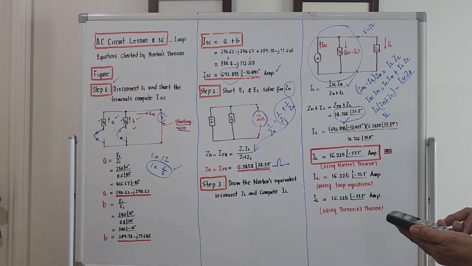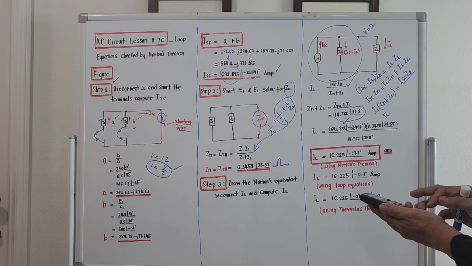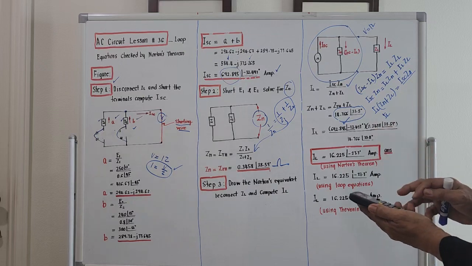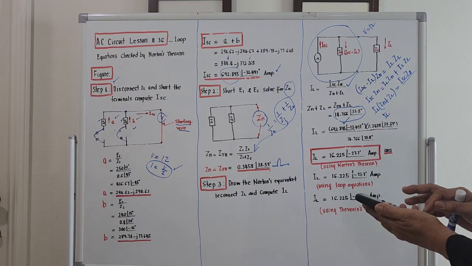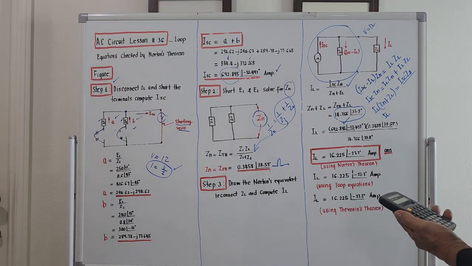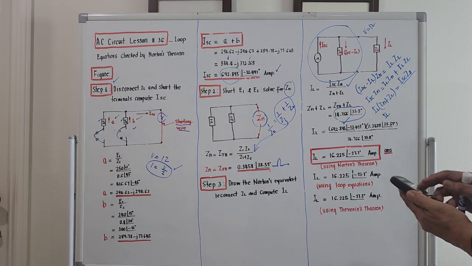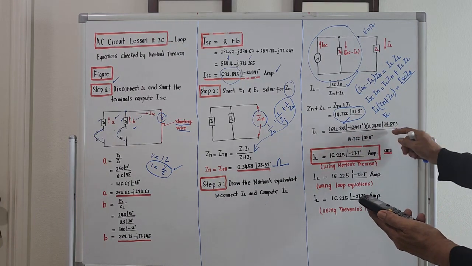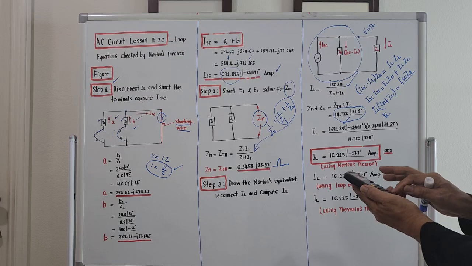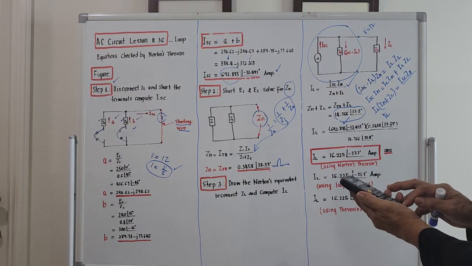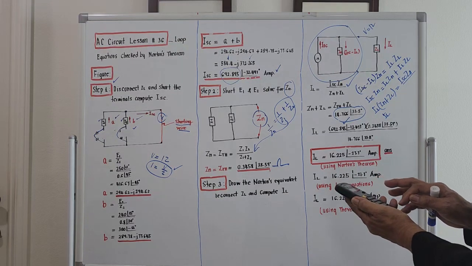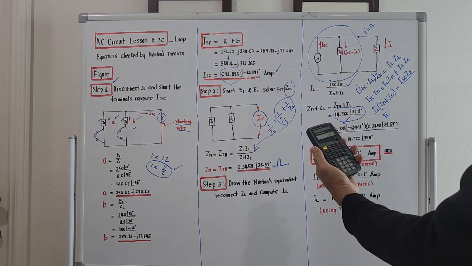Wait, what's happening? This is a minus, there should be a difference. 32.497 minus plus 38.59 is 6.093.